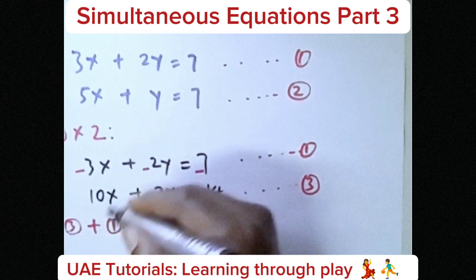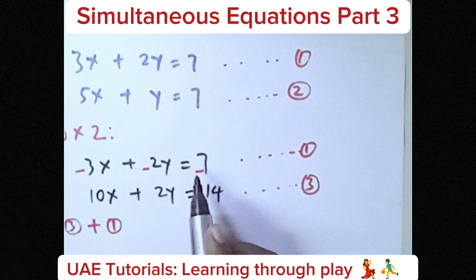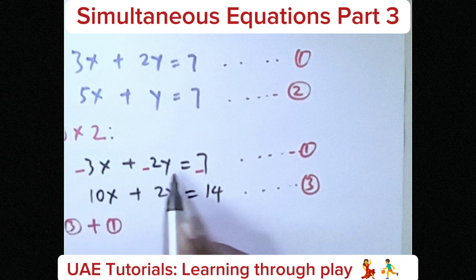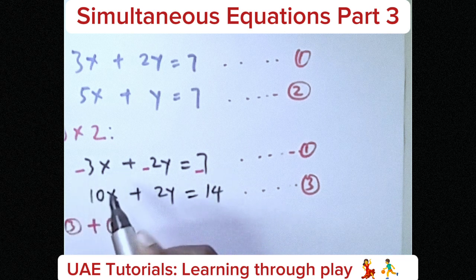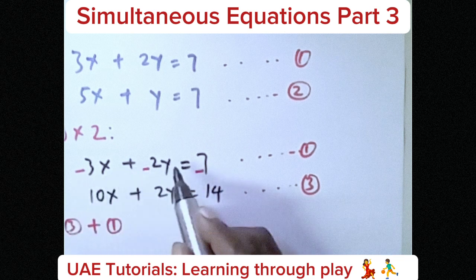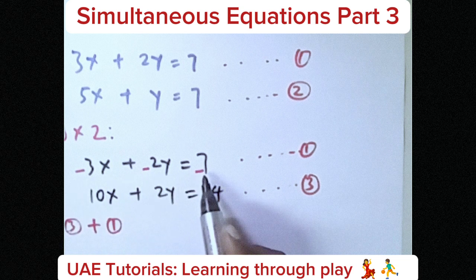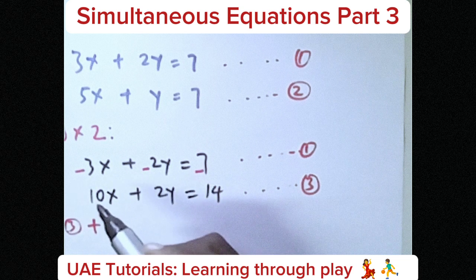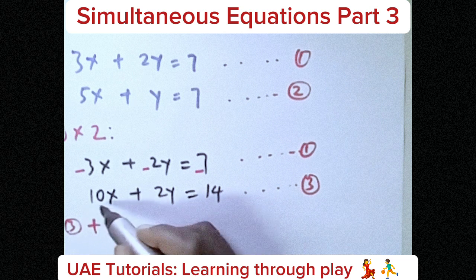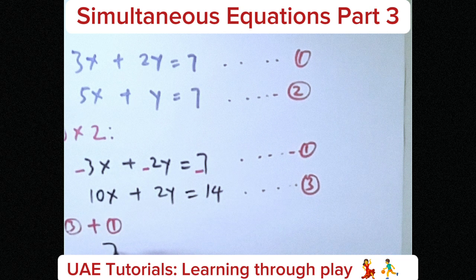We're just adding, but taking note of the signs, because we have introduced a new sign. We said subtract equation 1 from equation 3. So you have to introduce negative to all the terms of equation 1. So if we do that, that becomes 10x minus 3x, which gives us 7x.